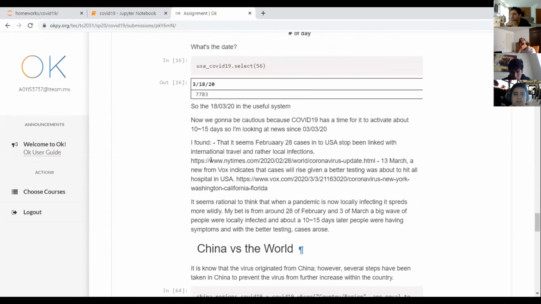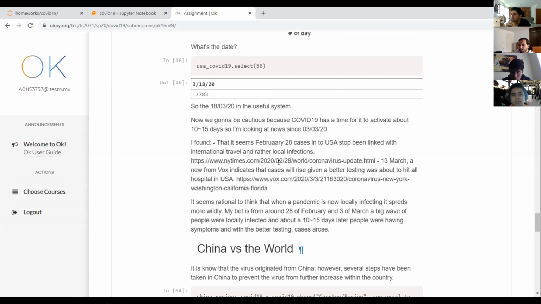And after reviewing some news, I found that on February 28, the cases in the United States stopped being linked to international travel. So now it's local infection inside the United States. So at this moment, the infection is supposed to grow much faster than before.